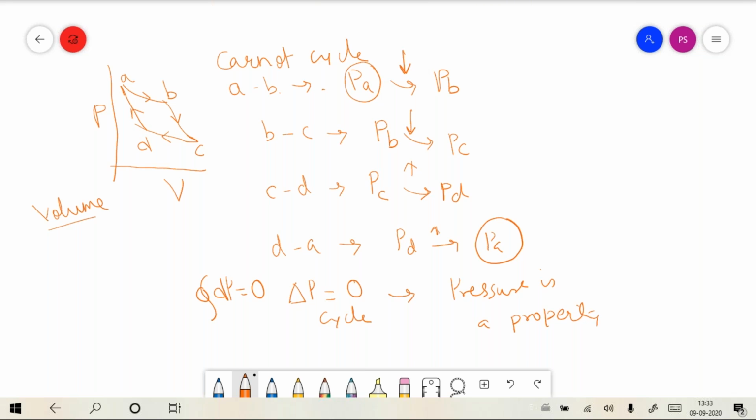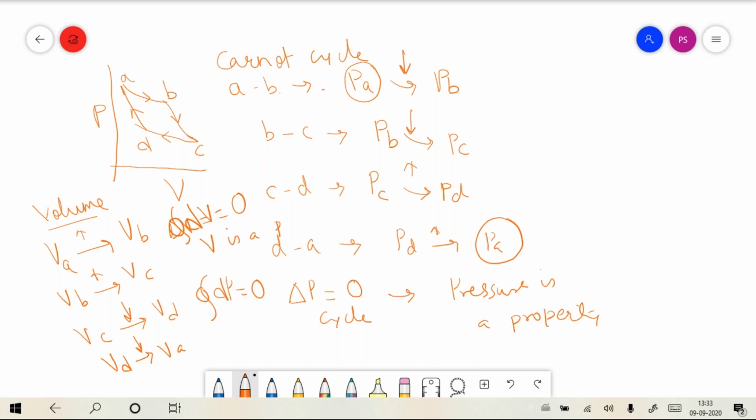Volume initially was VA, it would increase to VB, then from VB it would increase to VC, then it will start decreasing, VC to VD, it decreases, and again you come back to the initial volume. So the cyclic integral of dV is equal to 0. Why? Because volume is a property. So the cyclic integral of dV is equal to 0 because volume is a property, and the cyclic integral of dP is equal to 0 because pressure is a property.